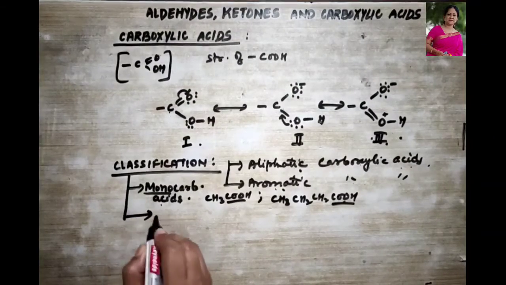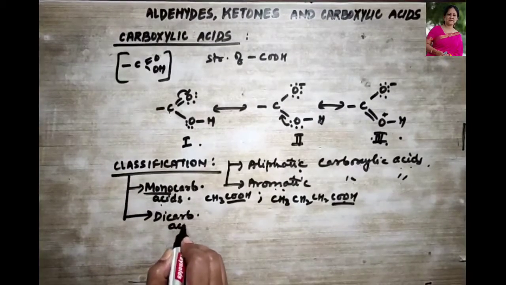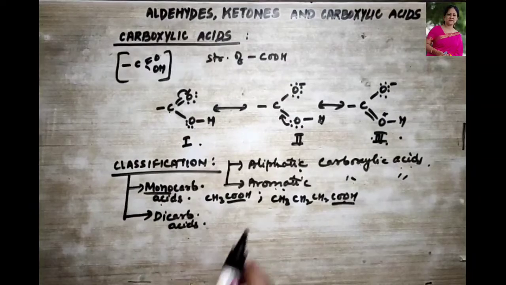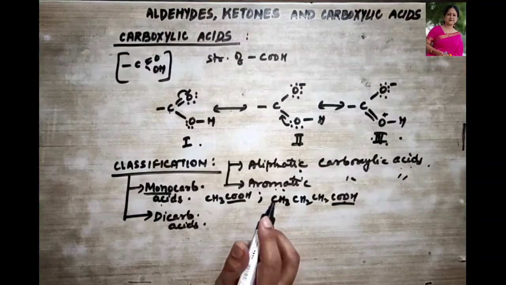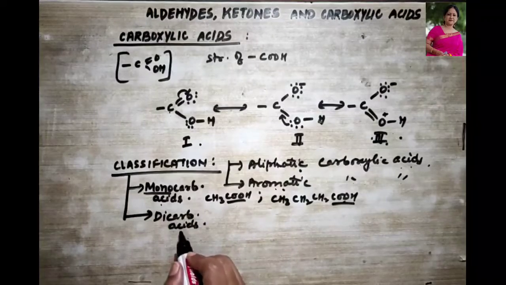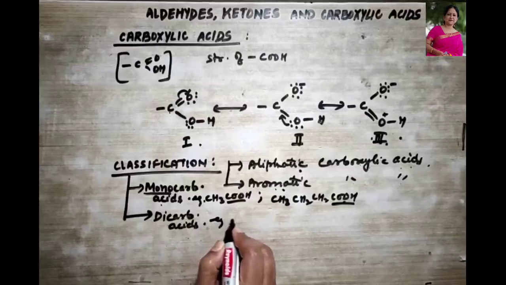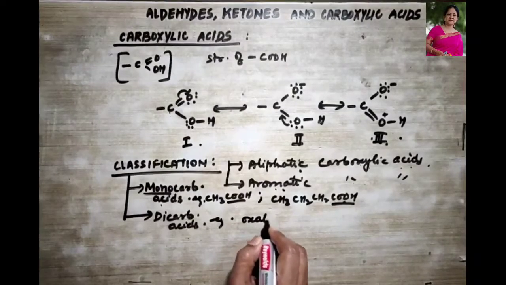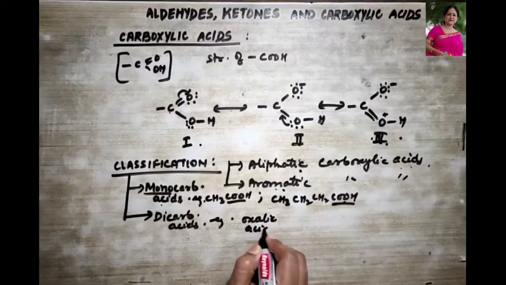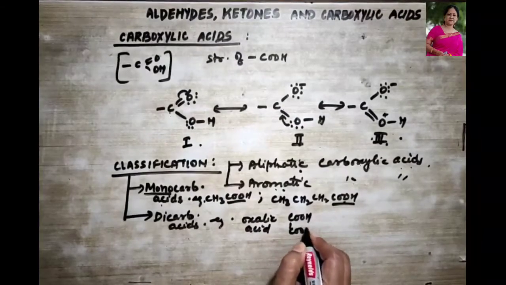Next, the second type is dicarboxylic acids. When there are two carboxylic groups present, then it is termed as dicarboxylic acids. An example could be oxalic acid, isn't it? Oxalic acid, how do we write? COOH, COOH.